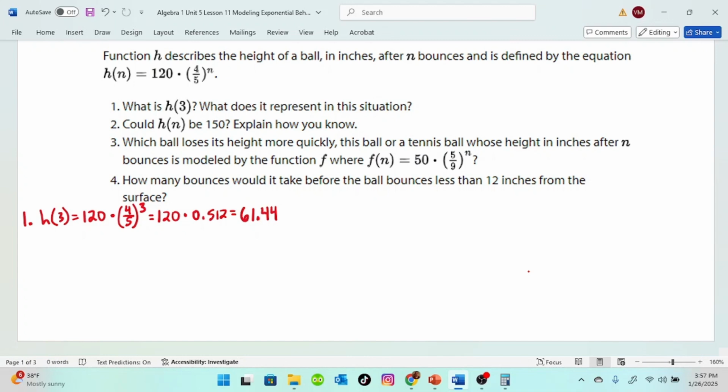So this tells us the height of the ball after 3 bounces is 61.44 inches.